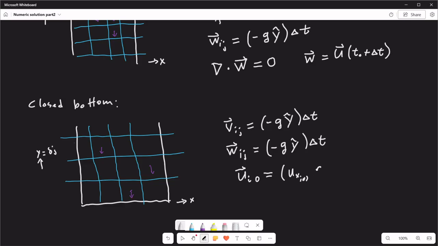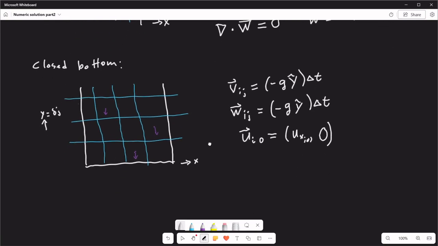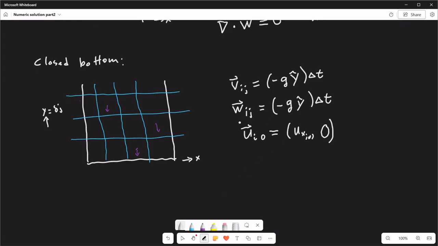But in the y direction, that's always going to have to equal 0. And so the consequence of this, the fact that this has to equal 0, means that the u vector at the next time obviously cannot equal the w.